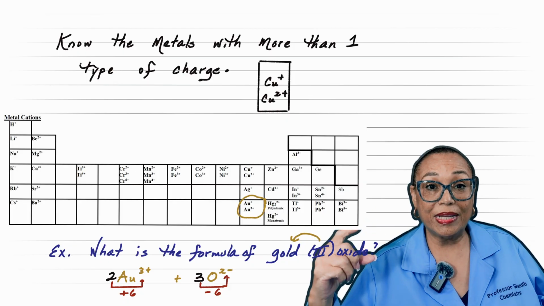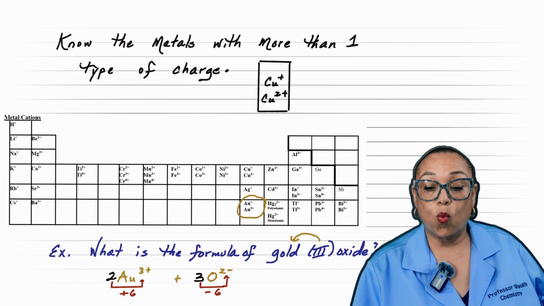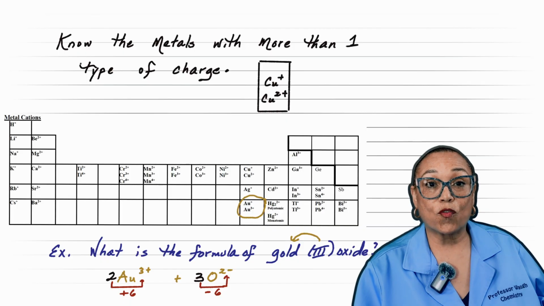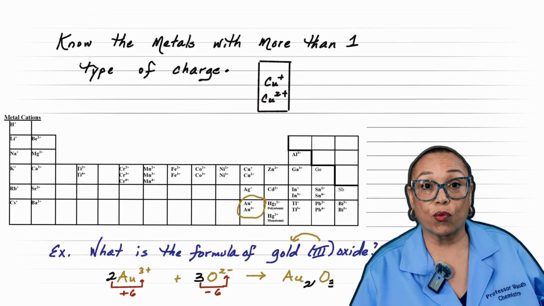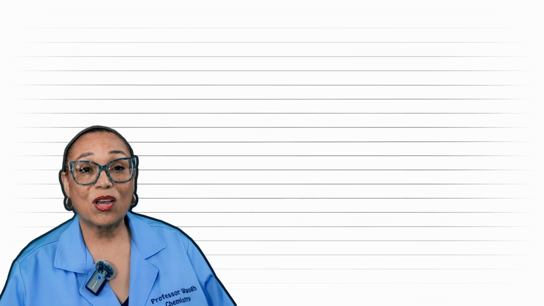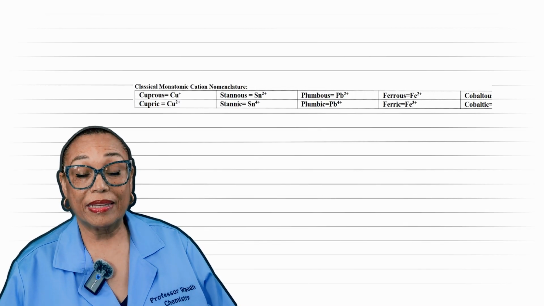You take the big numbers, the coefficients, and make them the subscripts when you make your formula. So the formula is Au2O3.